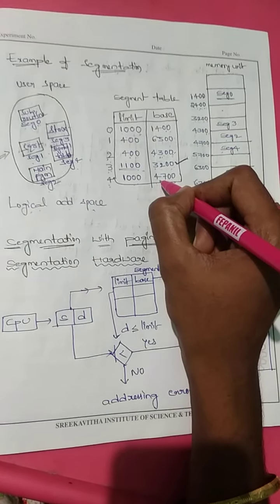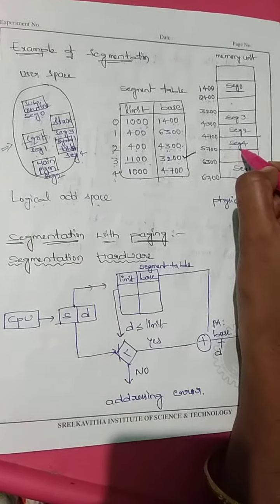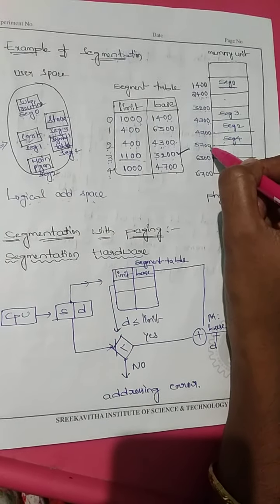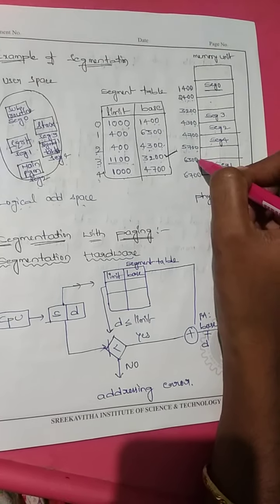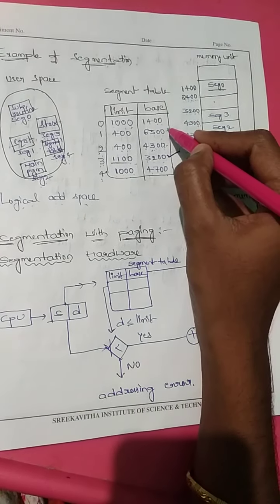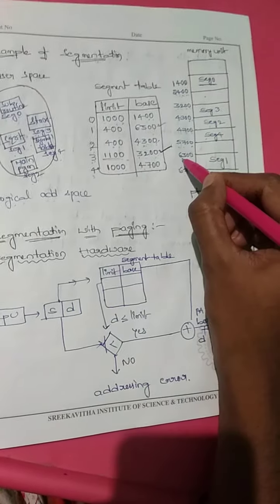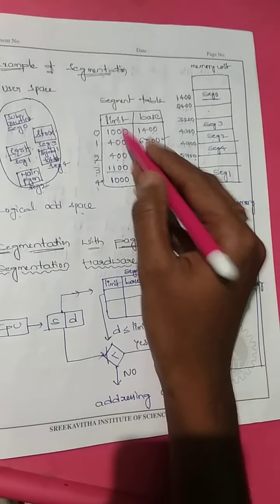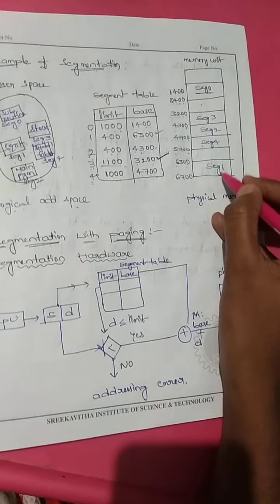The next address is 4700, and segment 4 is stored. 4700 plus 1000 is 5700. Next, related to 5700, the base is 6300, and that is segment 1. 6300 plus limit 400 is 6700. This is segment 1.